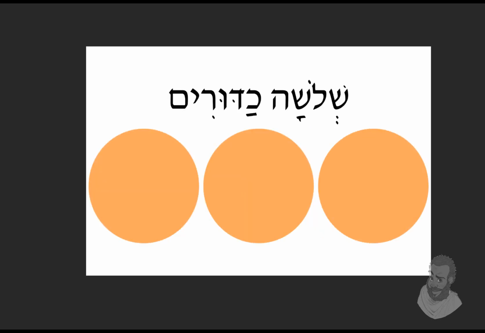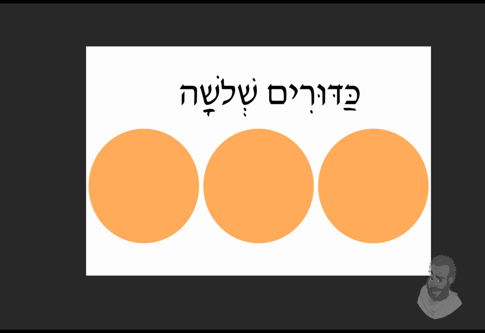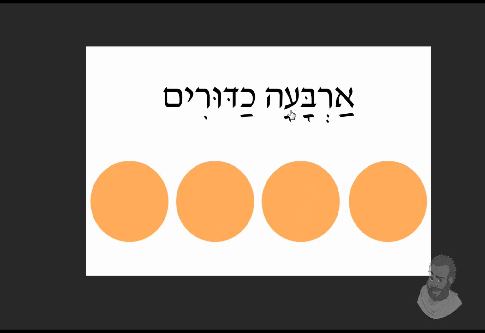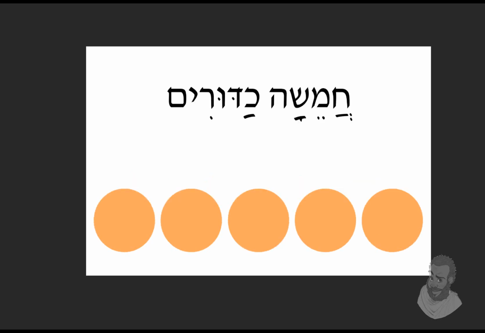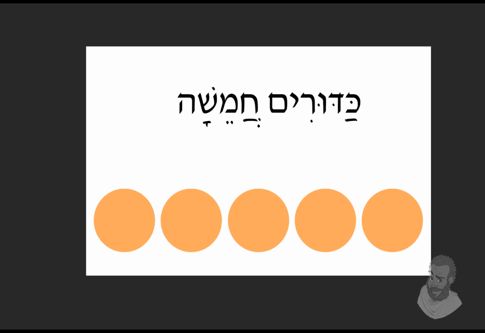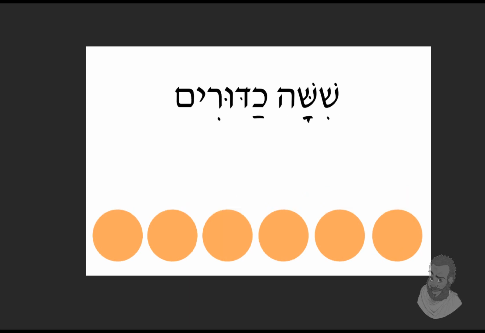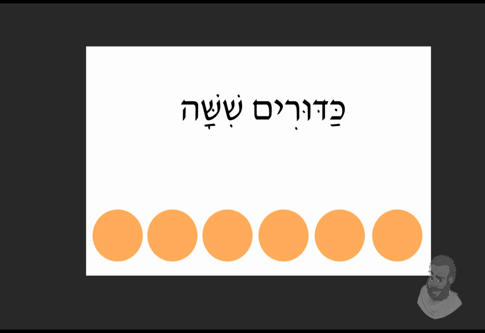Shlosha chadurim becomes kadurim shlosha. Arba'a chadurim becomes kadurim arba'a. Hamesha chadurim becomes kadurim hamesha. Shisha chadurim becomes kadurim shisha.